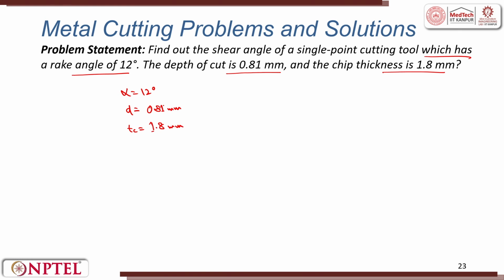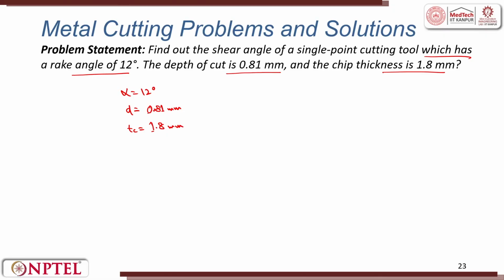So here uncut chip thickness is not given, depth of cut is given. If I put deep my tool, the distance that it goes in, then that distance that is indented in here, that distance is equal to my uncut chip thickness. So in a way this D is equal to 0.81 millimeter. This is my T naught, that is it is uncut chip thickness.